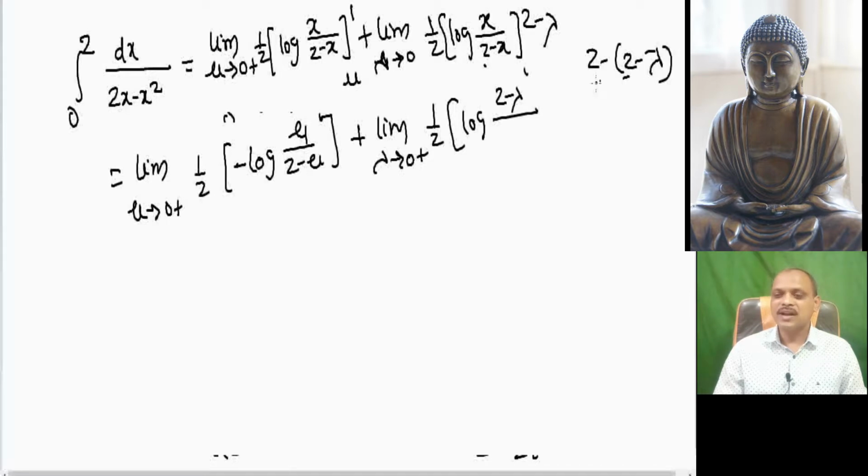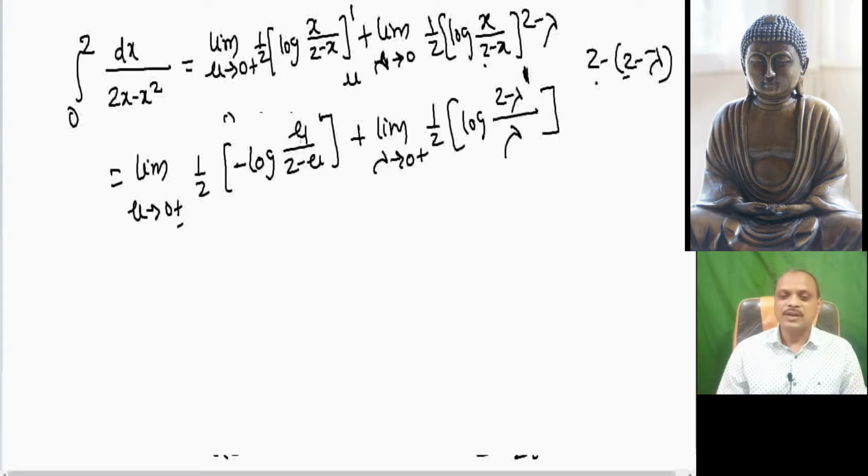The 2 gets canceled and minus will be plus, and at the lower limit we have 0.